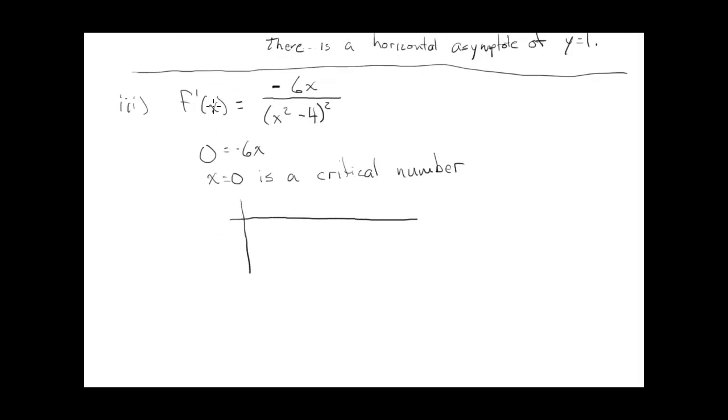We're going to have to include our critical number in the interval, but we also have to include the numbers where the derivative is undefined, which is at plus and minus 2. So we're going to go from minus infinity to minus 2, minus 2 to 0, 0 to 2, and then 2 to infinity.